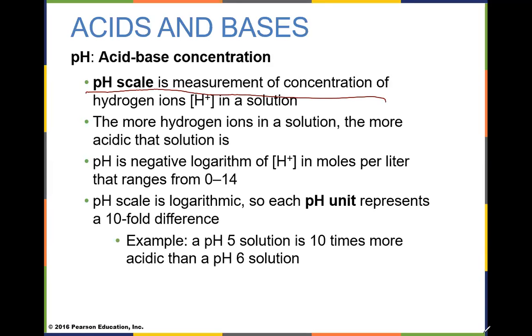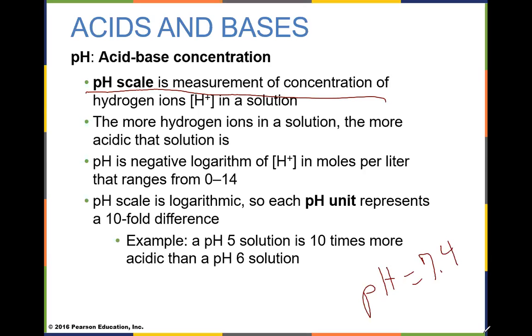The pH scale goes from 0 to 14. We say the pH of our blood is whatever it is. In our case, the concentration of hydrogen ions in our plasma stays about 7.4.